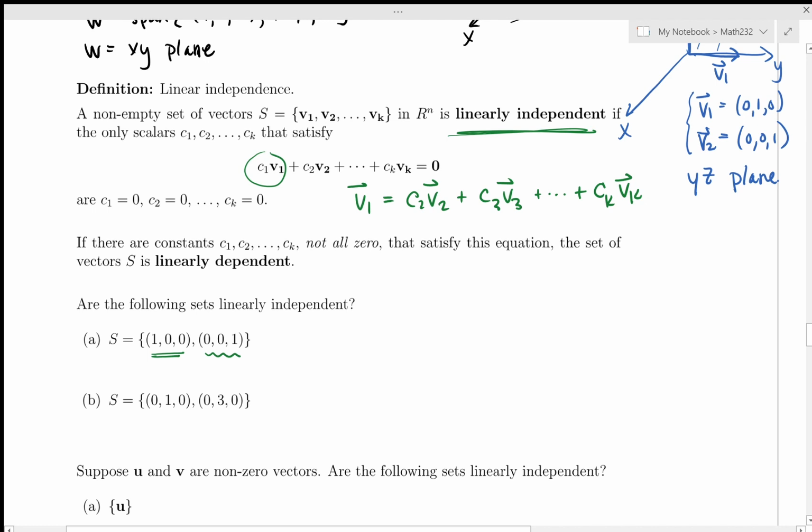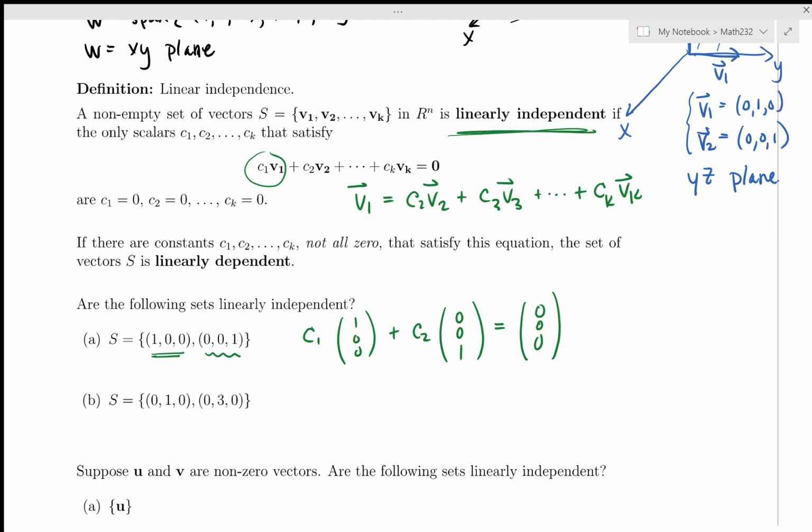What I'm asking is, I can rephrase this: does there exist C1 and C2 such that this equation will be true and not both C1 and C2 will be 0? So let's see what happens. We can just write this out and see what the solution set of this system is. That looks like this. C1 plus 0 will have to be 0.